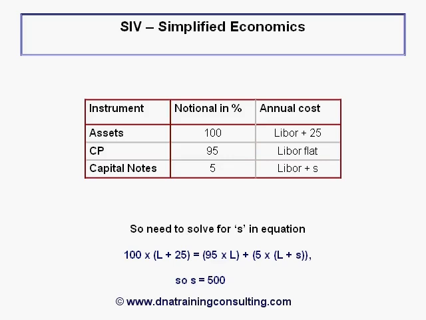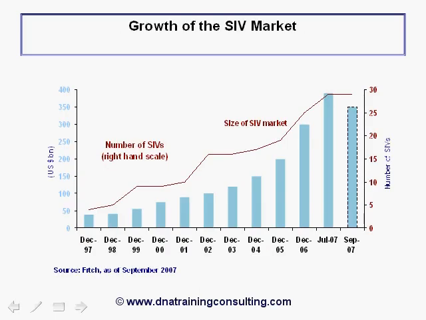The 500 basis points of spread would presumably be available to be shared between the holders of the capital notes and the sponsor of the SIV, who is normally also acting as asset manager, selecting the assets for purchase, reinvesting proceeds from asset sales and from redemptions in new assets, and so on.